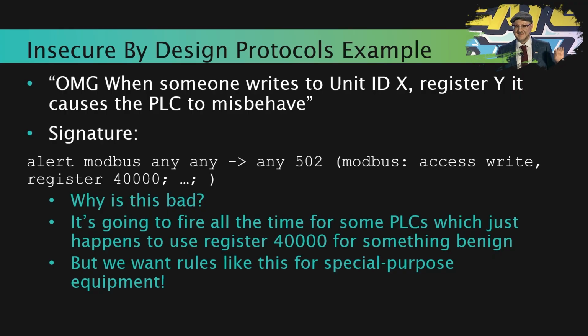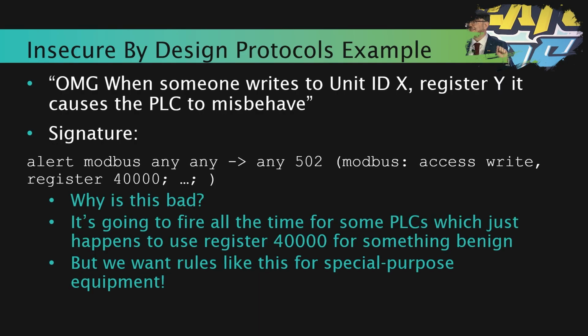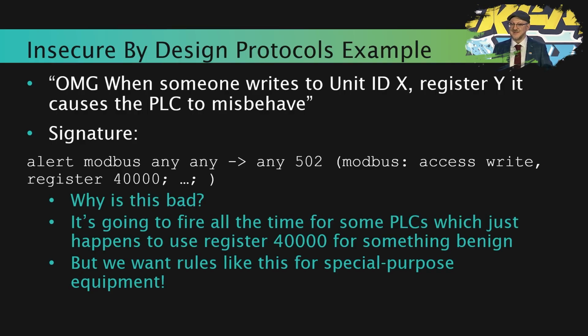So we want a rule that says, if somebody is using the Modbus protocol and they try to write to this register, it means that they're trying to shut off the heat. Well, what sucks about this rule? It's going to detect everybody trying to write to register 40,000 for all of the devices on your network. And maybe some of those devices are things where writing to register 40,000 is normal and isn't going to cause the heat to turn off.